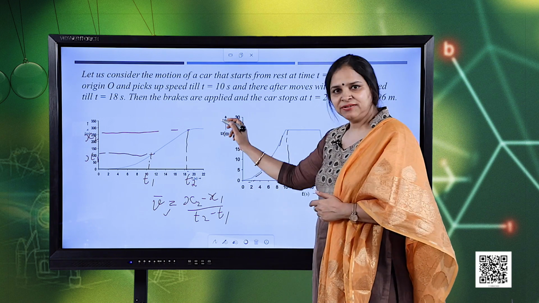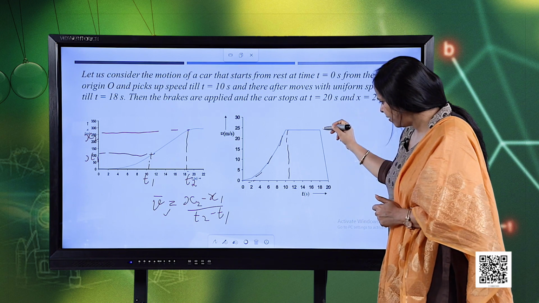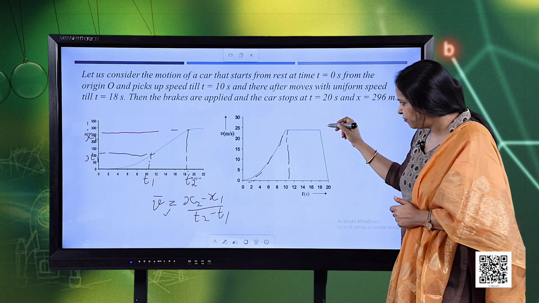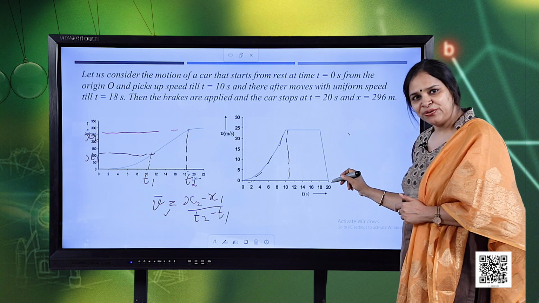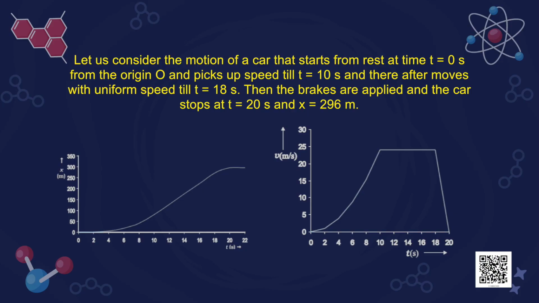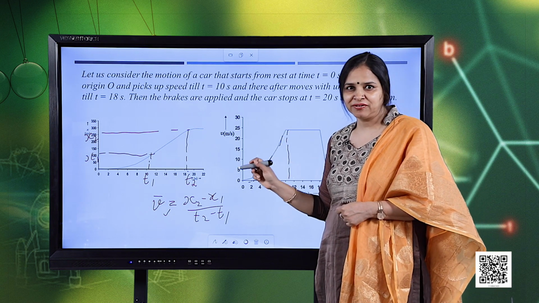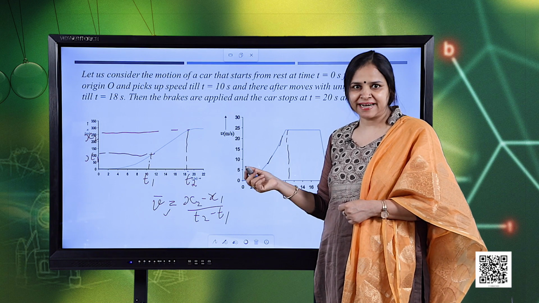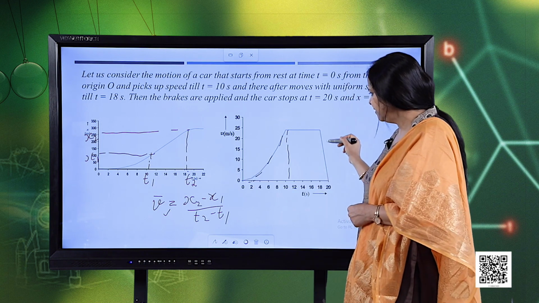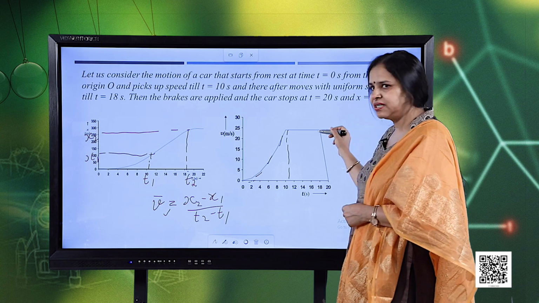Finding the slope at different instants, we plot the graph, and finally we find that the velocity is decreasing uniformly in this region. In the time interval of 18 to 20 second, the average velocity is different from the velocity at different instants. At each instant the velocity will be different, but the average velocity will have some different value.